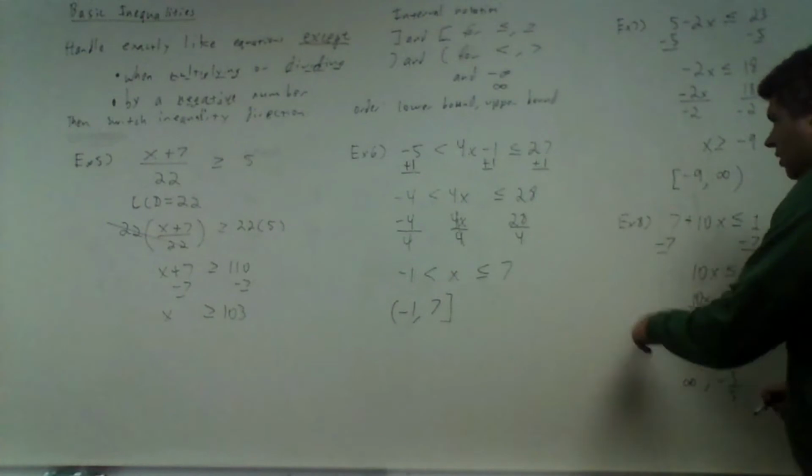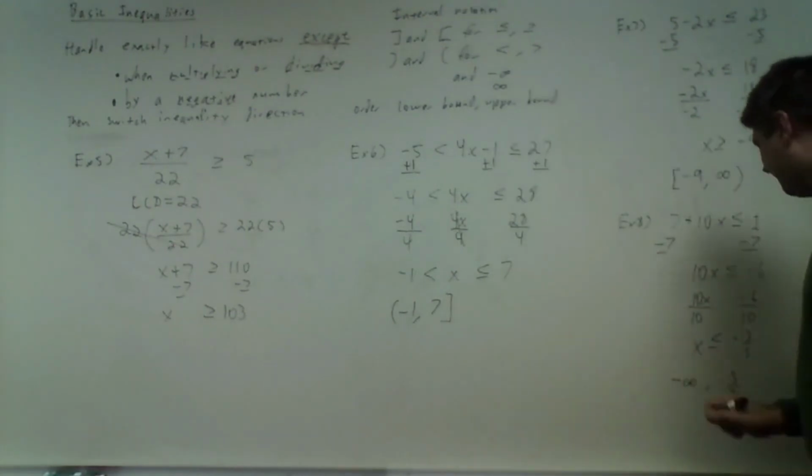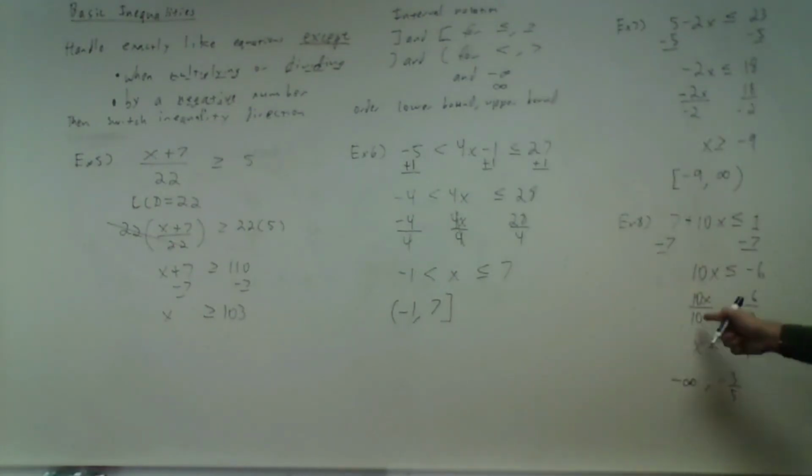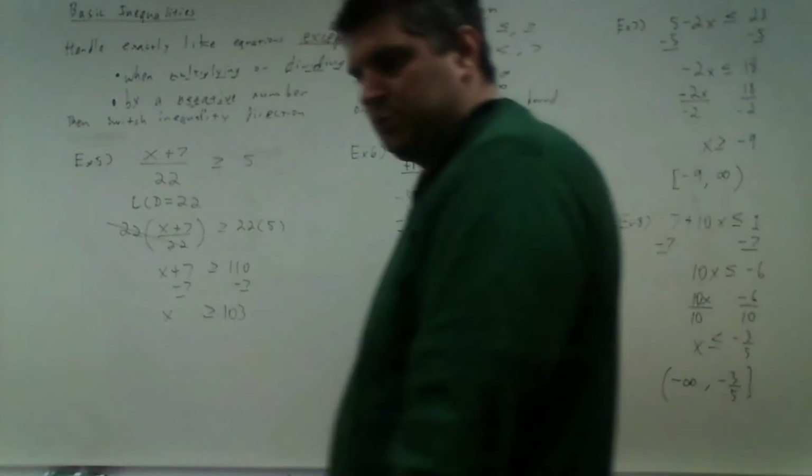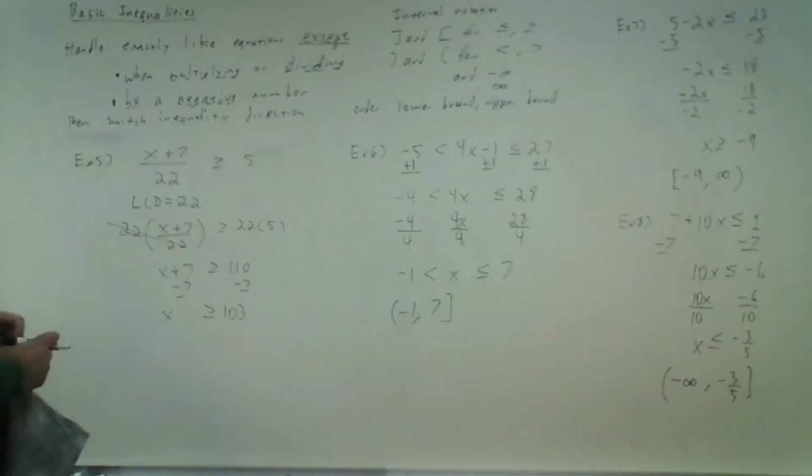The lower limit is always negative infinity if there is no lower bound stated. So bracket because of the or equal to, parenthesis because of the infinity.